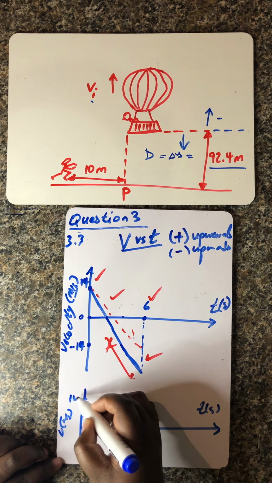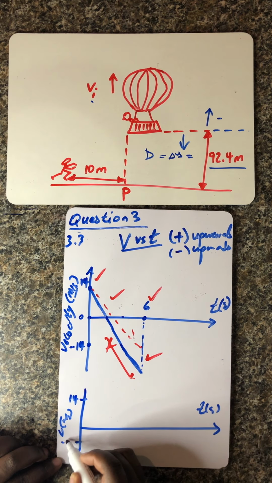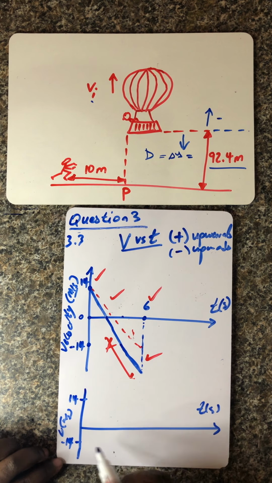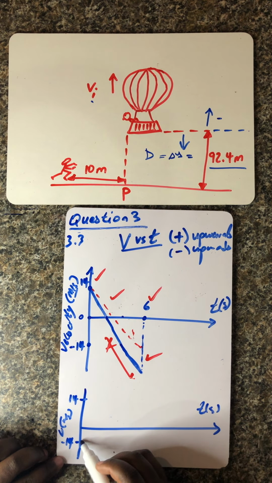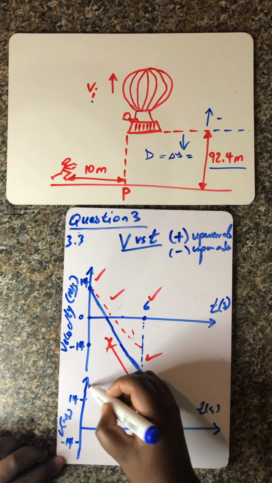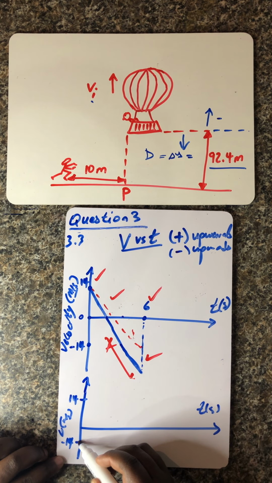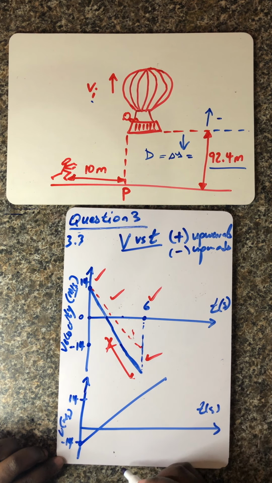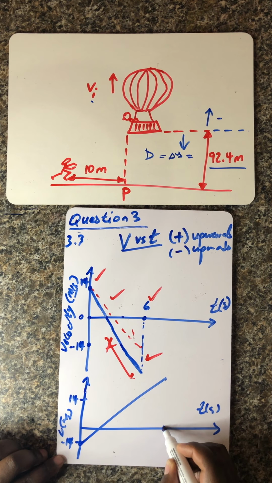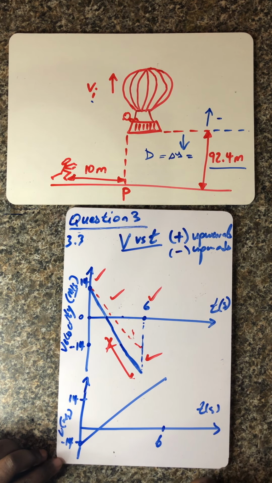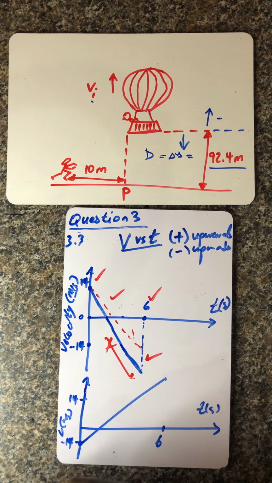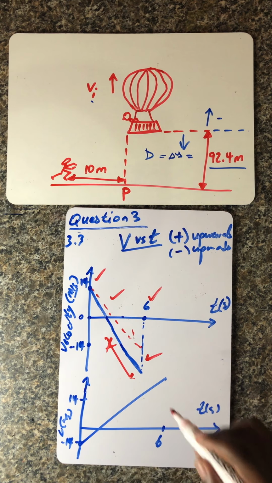You still have your 14 there, you still have your negative 14 there. So you just start a line from there, then you can just go in that direction. Then from there, somewhere there, this is where you can have your 6 seconds. Nothing different, it's just how you draw that graph.